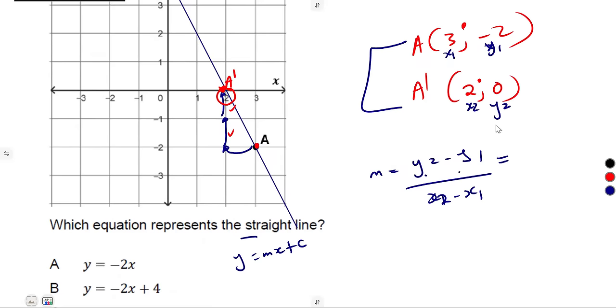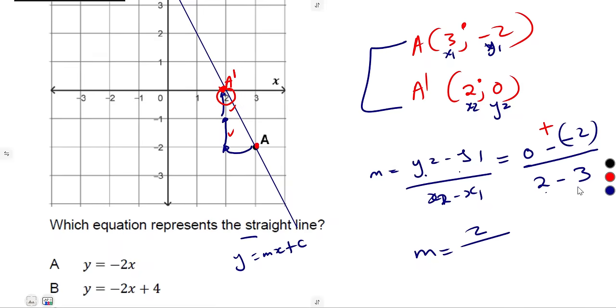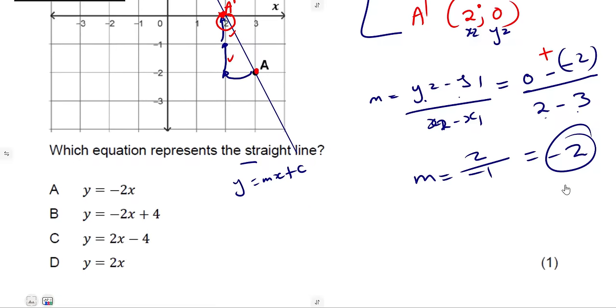From y2 minus y1, that's 0 minus minus 2, the y value carrying a negative, over x2, which is 2, minus our x1, which is 3. Minus and minus is a plus, so 0 plus 2, which is 2, over 2 minus 3, which is minus 1. So minus 2 is our gradient.